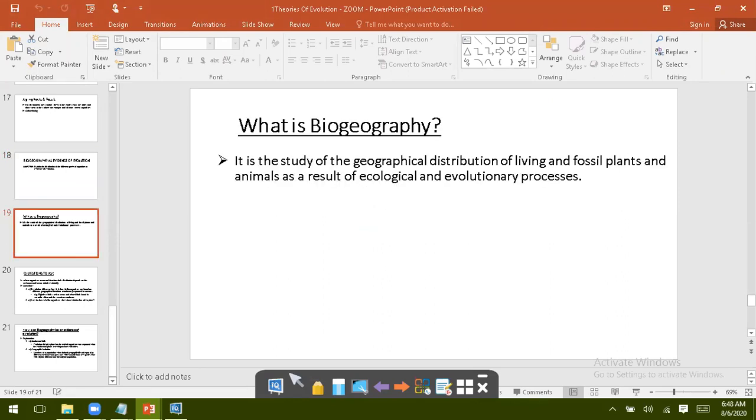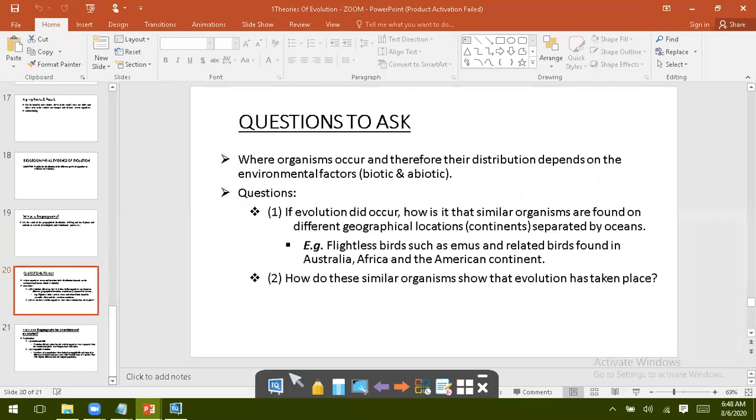Biogeography is the study of the geographical distribution of living and fossil plants and animals as a result of ecological and evolutionary processes. So basically, biogeography is talking about the distribution of organisms throughout the planet. So questions we are going to ask: where organisms occur, and therefore their distribution, depends on environmental factors.